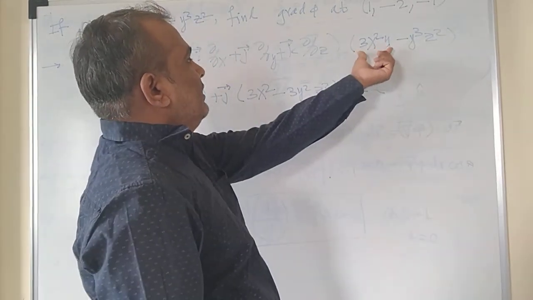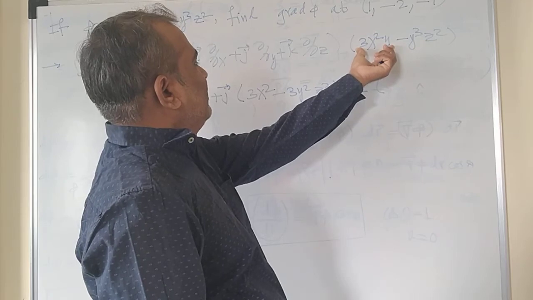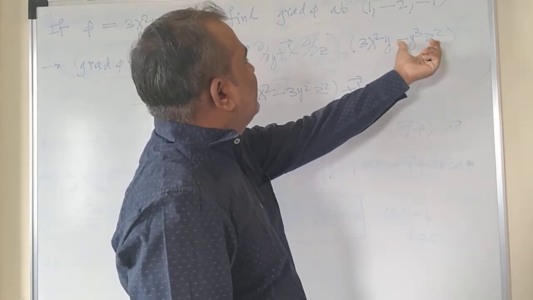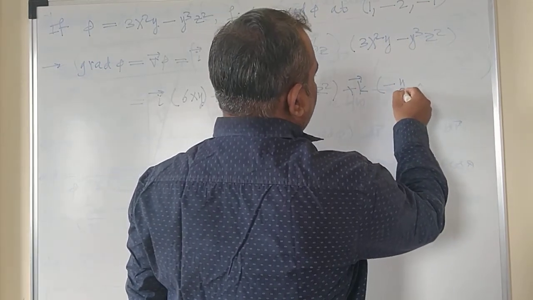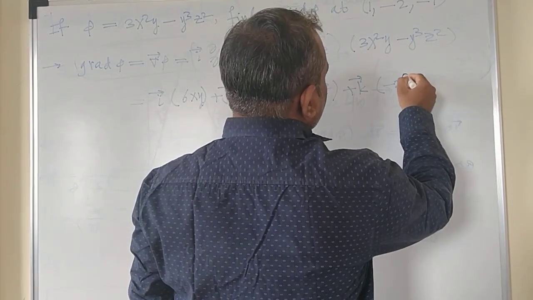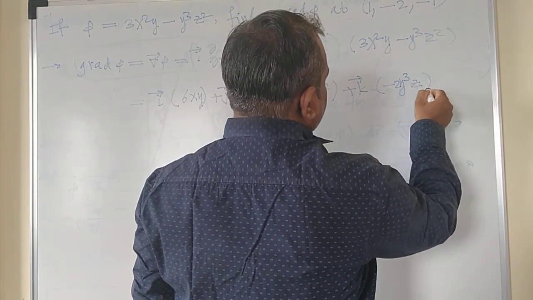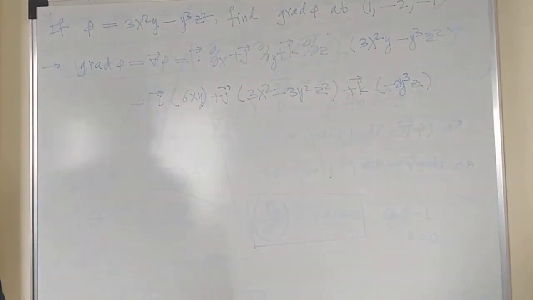There is no z in the first term, so that goes to 0, and the differentiation of the second term with respect to z will be minus 2y cube z.